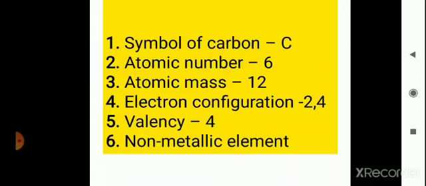Atomic mass number of carbon is 12. Electronic configuration of carbon is 2, 4. That is, 2 electrons in the first shell and 4 electrons in the outermost shell. Valency of carbon is 4 and carbon is a non-metallic element.